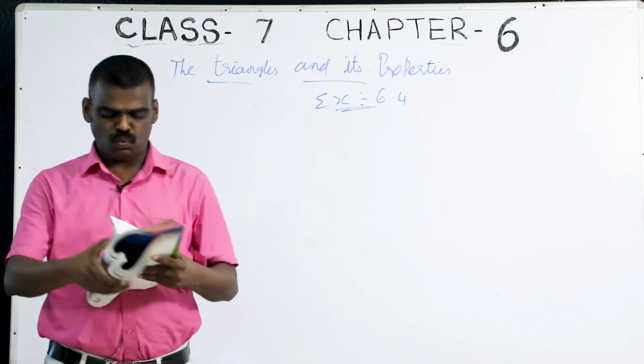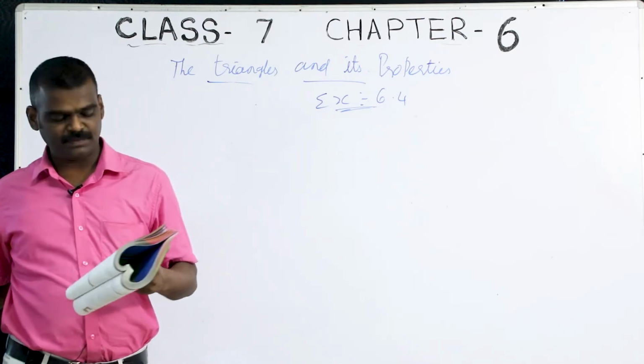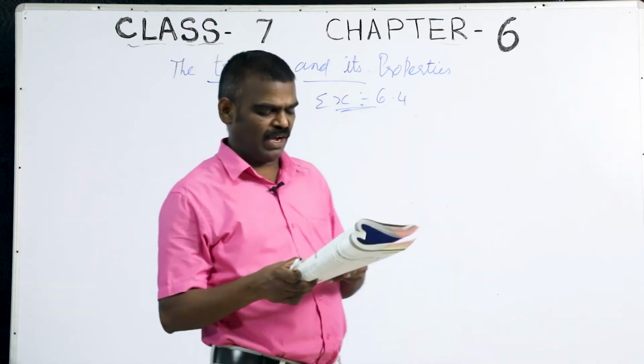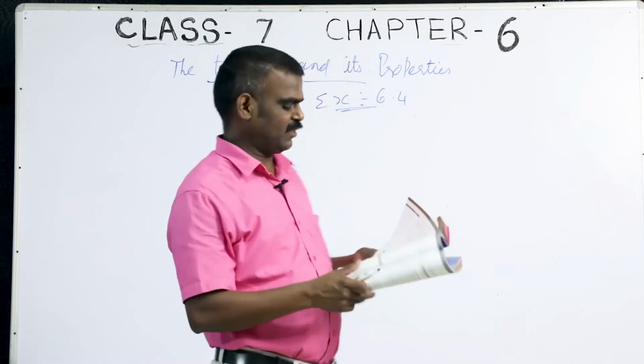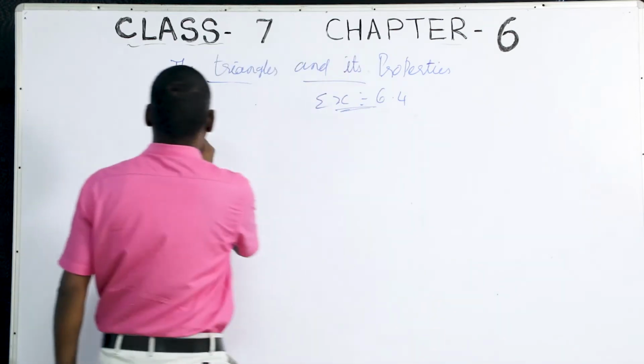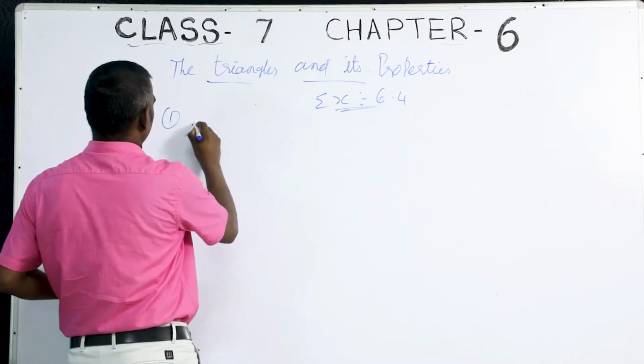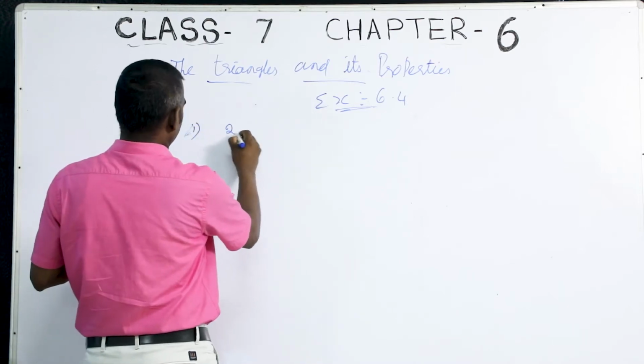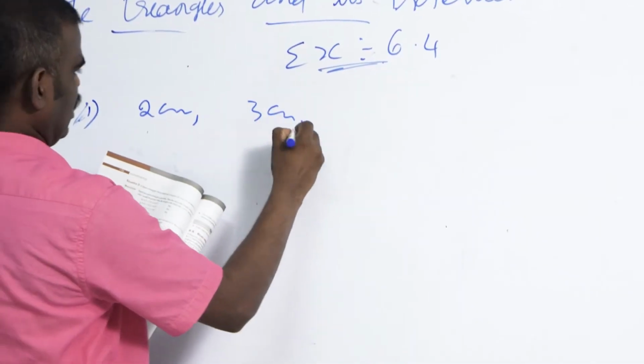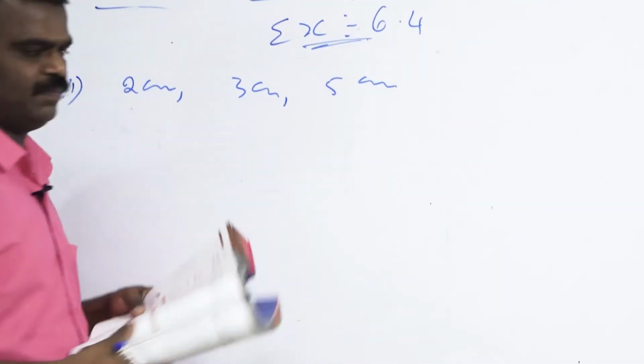Question number 1 tells, is it possible to have a triangle with the following sides? 2 centimeter, 3 centimeter, 5 centimeter.